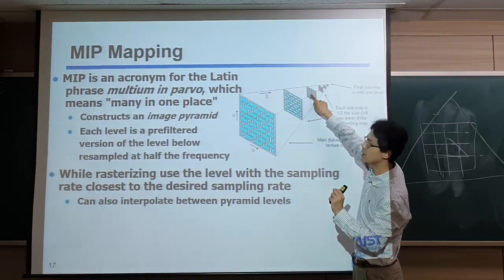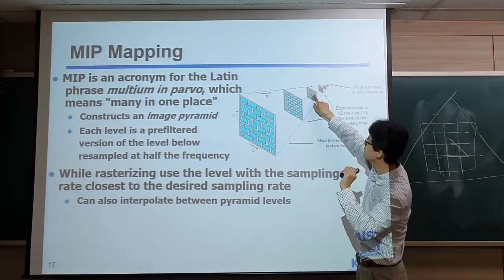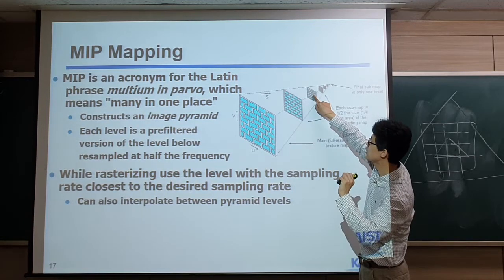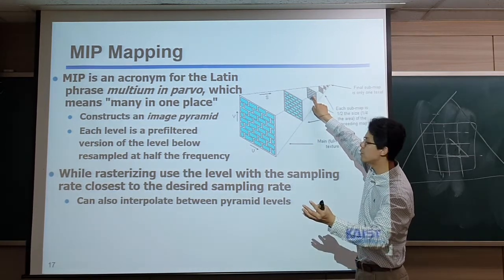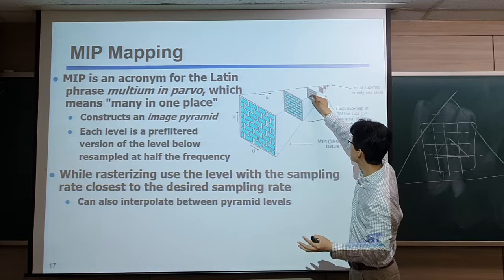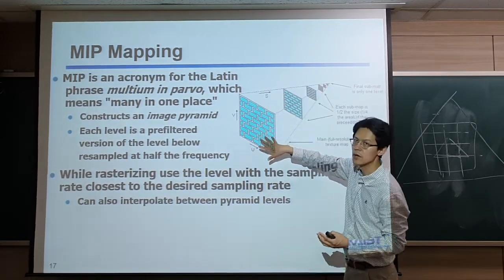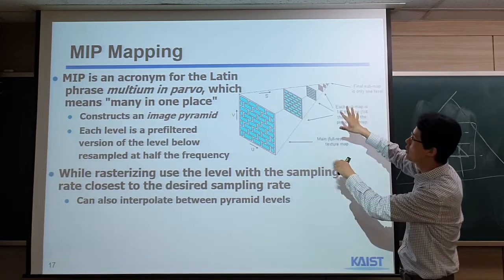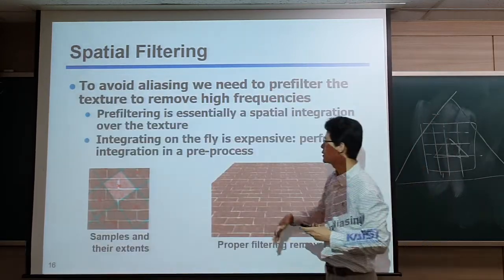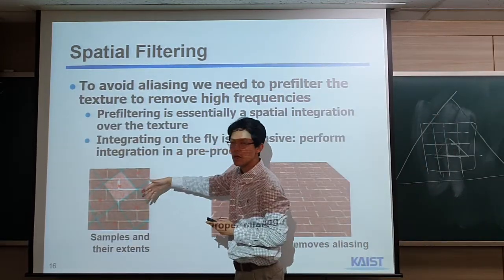Then we can use that texture. That texel is the average information over the corresponding region in the original one.